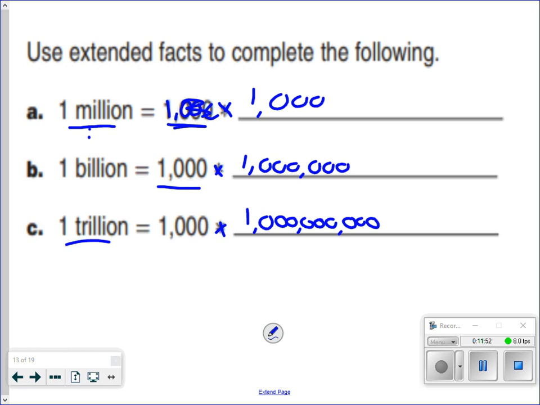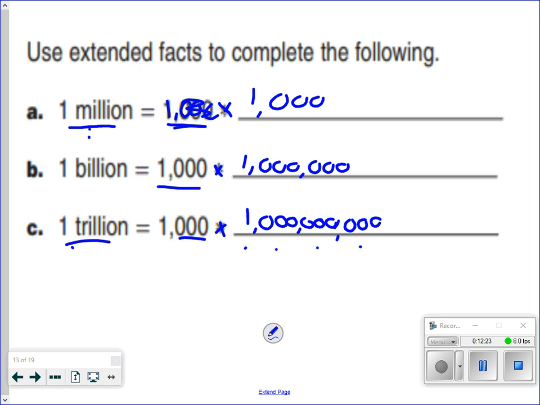So if I take a look at these 3 zeros, if I get rid of 3 zeros here, 1 million times, ooh, I don't think I have enough. I don't have enough. This is only 1 billion. I'm sorry, kids. 1 trillion. So we're at the hundreds, thousands, millions, billions, trillions. I caught my error. Now I'm going to take 3 zeros away. So 1 billion times 1,000 equals 1 trillion.